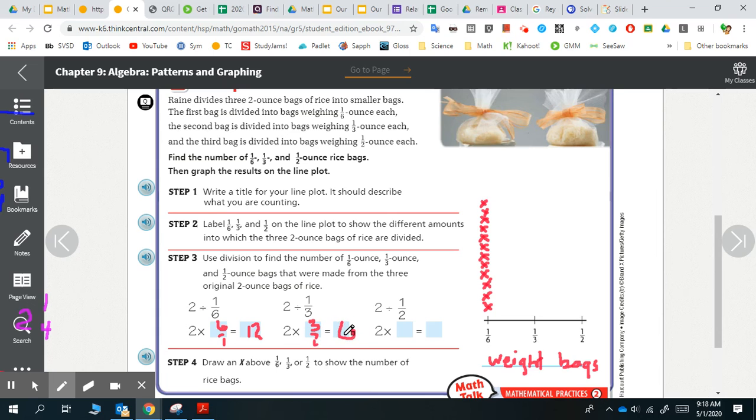So we need 6, okay? 6 X's above our thirds. 1, 2, 3, 4, 5, and 6. Okay, and again, we'd want to have these nice, evenly lined up across from each other. And here, I'm just going to quickly do where we'd have 4. Okay, so we'd finish off with Rain is able to make 4 bags out of the half ounce measures.